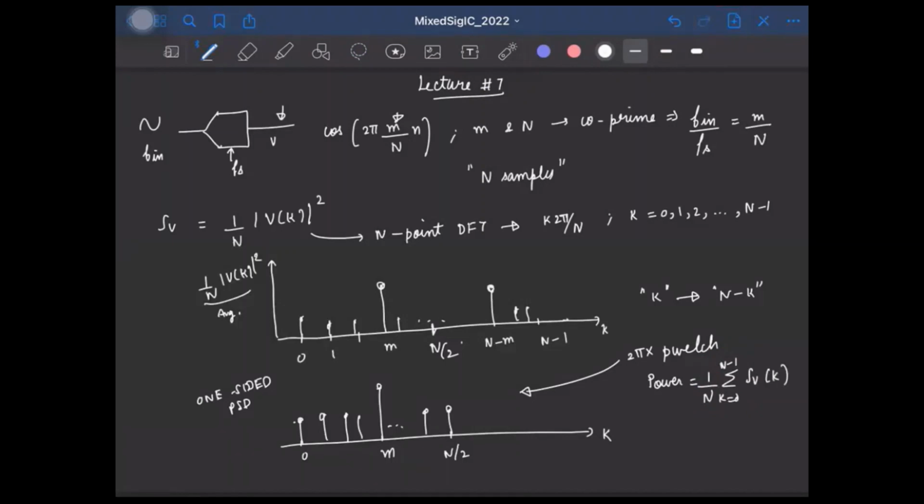If you want to find the power at certain frequency bins, I will just do 1 by n times the summation of SV over those frequency bins alone. These scaling factors, this 2 pi, 1 by n, and so on, do not make any difference if we are looking at ratios of power, like we are doing in this case.